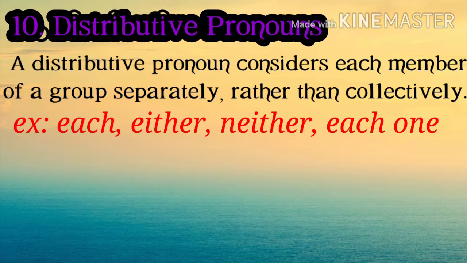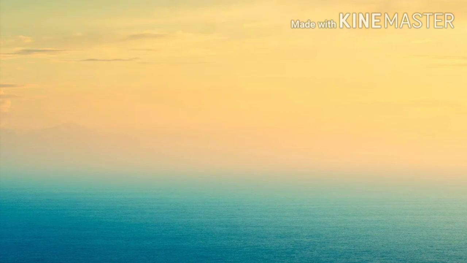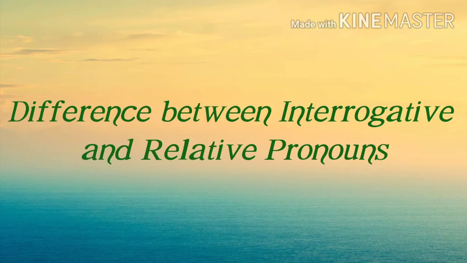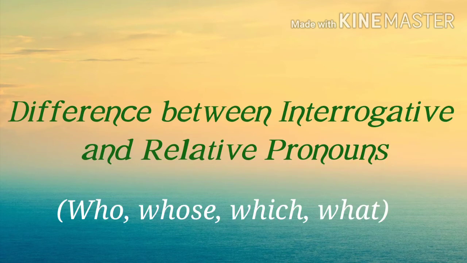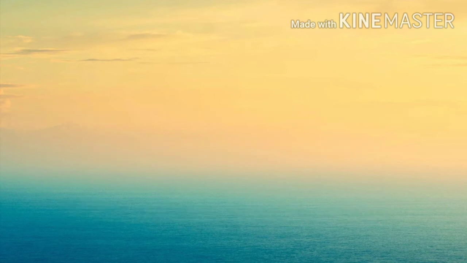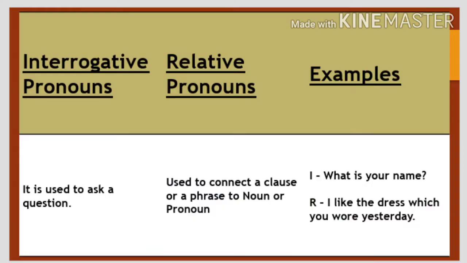As we use the same words for interrogative and relative pronouns, it is necessary that we understand the difference between the two. So, let us understand the difference with examples. Interrogative pronouns are used to ask a question, but relative pronouns are used to connect a clause or a phrase to a noun or a pronoun.